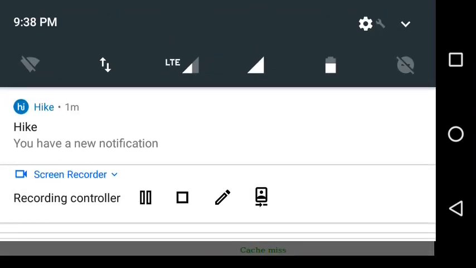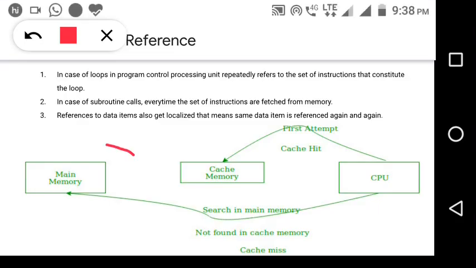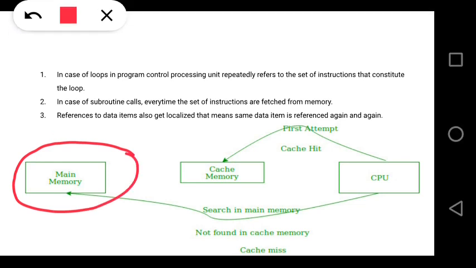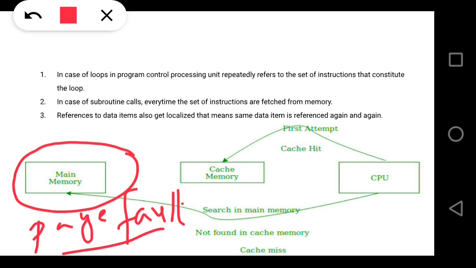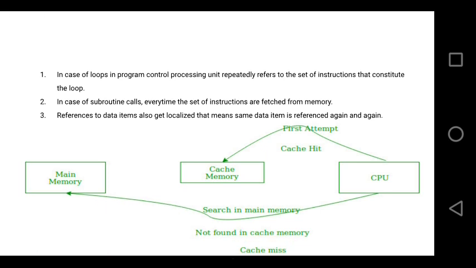If you remember, if that particular word is not available in physical memory as well, this is called page fault. If it is not available in cache, it is called cache miss.